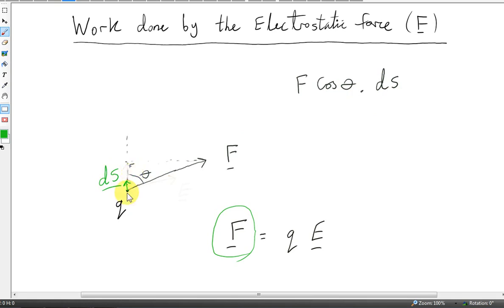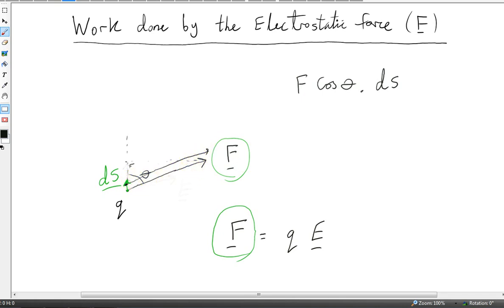Now it's assumed that as the charge Q moves from here to this point here, the force vector F doesn't change. There could be other forces acting, and they might change, but we're only interested in this force vector. It's important that this remains constant. That means its magnitude and direction remain the same. So when Q is at this point here, the force F on it must look like this.